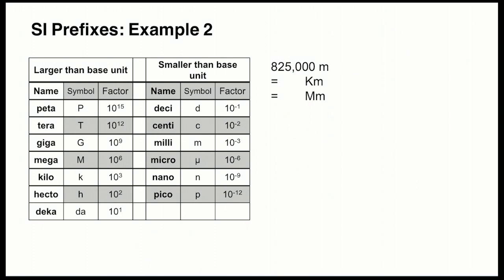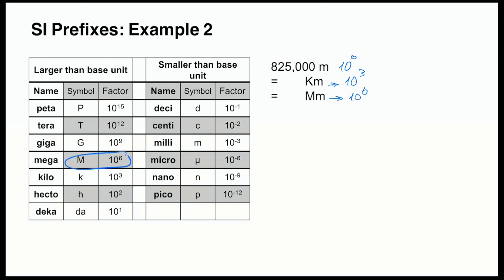The other example is going from meters to kilometers and then to megameters. All right. So the starting point is meters, which has a factor of 10 to the power of 0. Kilometers has a factor of 10 to the power of 3. Megameters has 10 to the power of 6.